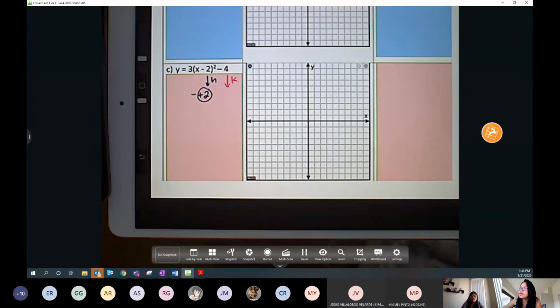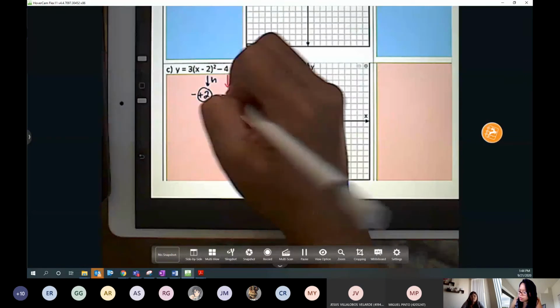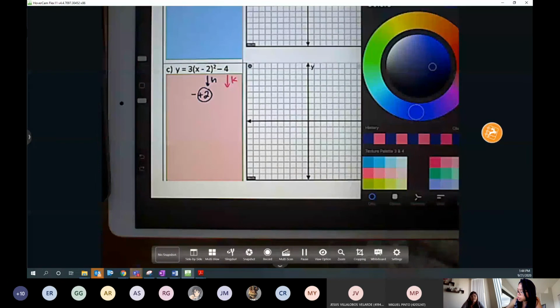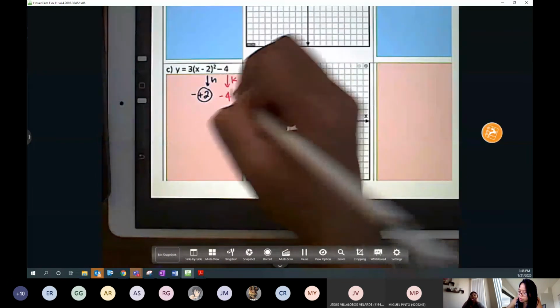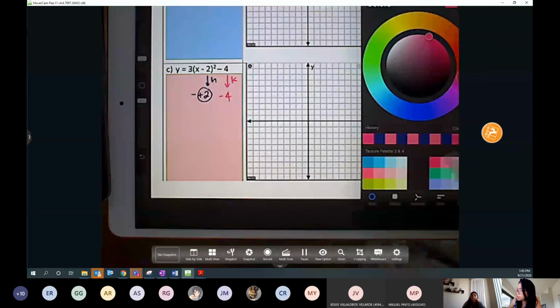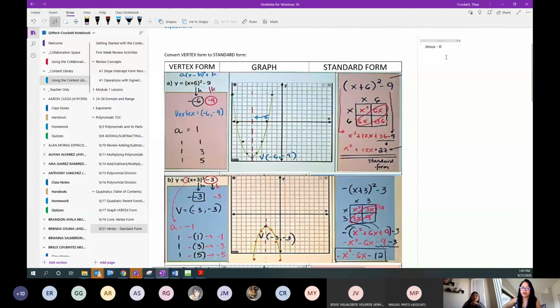Negative 4. Very good. So we just pick the second number, or the number outside. That's already your k. Was that Jesus again? Yeah. And then Miguel also responded in the chat.